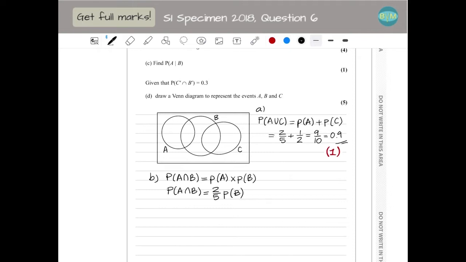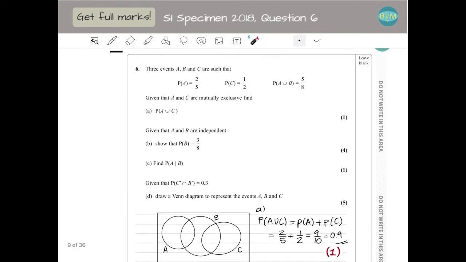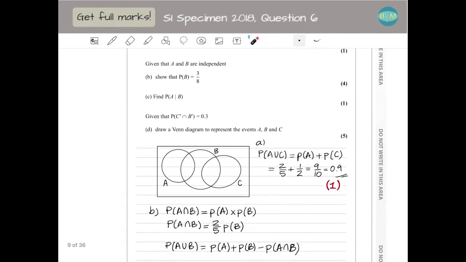But I have another formula that gives me a connection between both of them, which is this one. Probability of the union is going to be probability of A plus probability of B minus probability of the intersection. The probability of the union is given, which is 5/8.